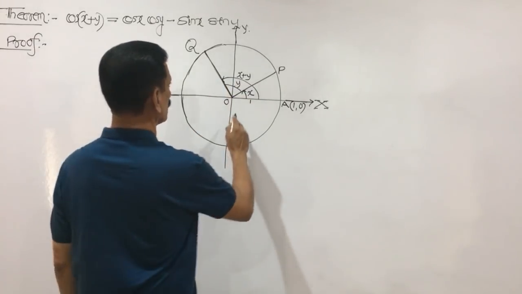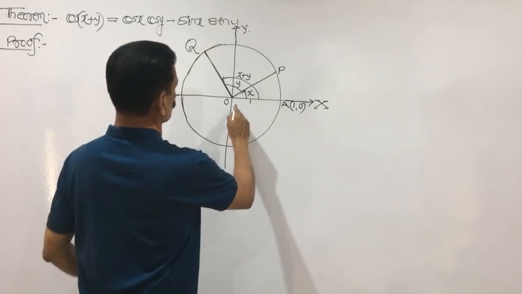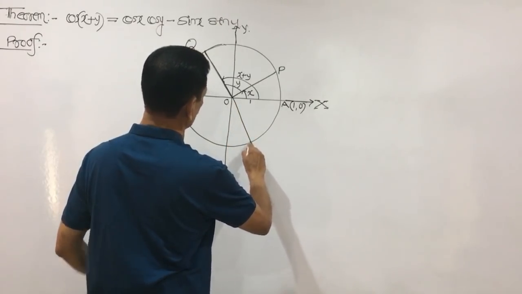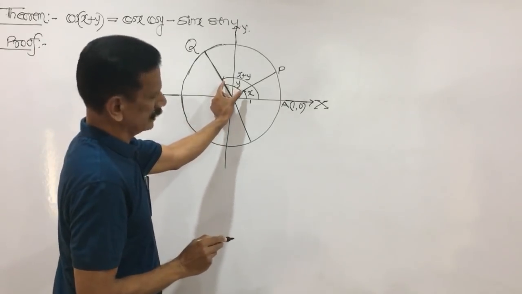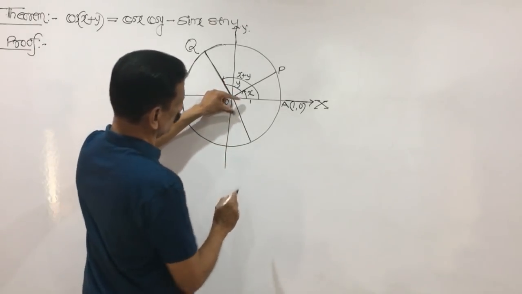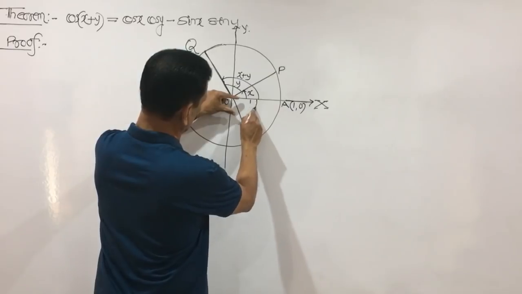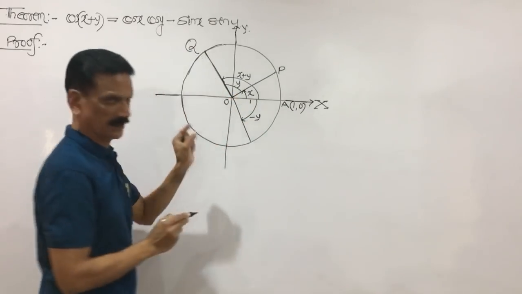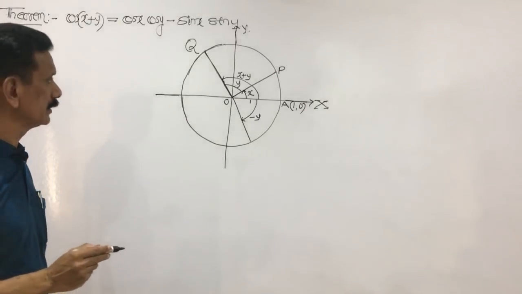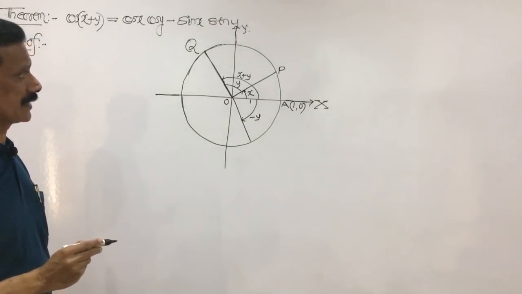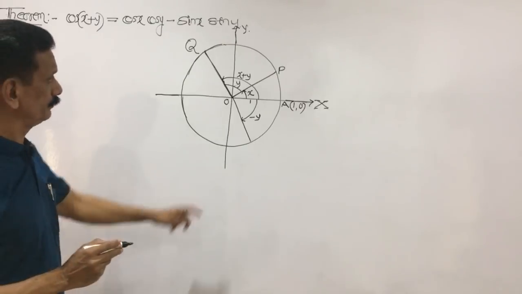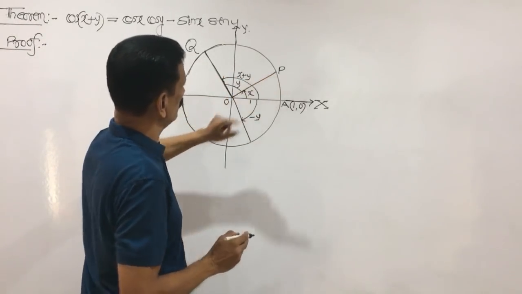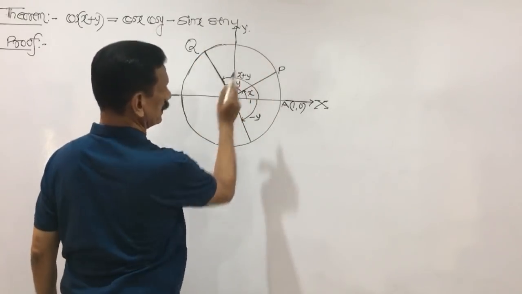Okay, so I take another point. So here this is another point I take. So this angle is y. So this also I take as y. This angle is y, but it is in the negative direction I have taken, means it is minus y. Now my dear friends, let us write the coordinates of the points here. Look here. So this arc is x. This arc is y.